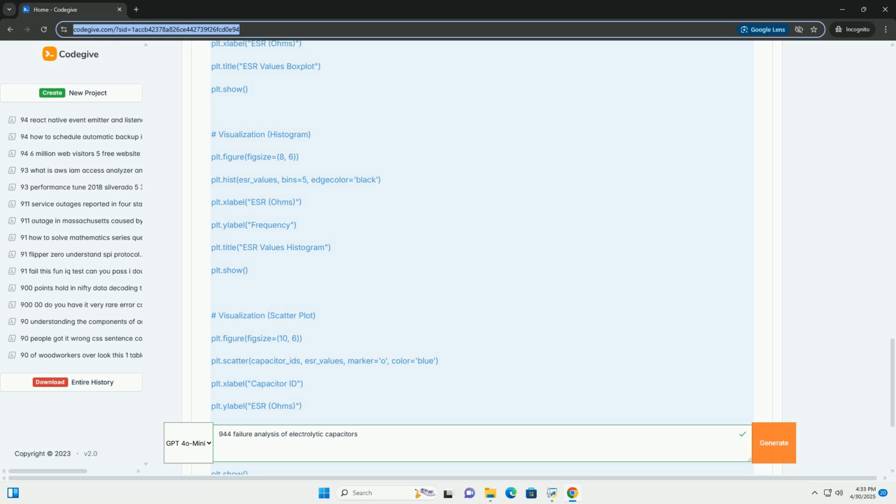2. Increased ESR. Description. The ESR of the capacitor increases significantly. Cause. Drying out of the electrolyte, corrosion of internal connections, degradation of the aluminum oxide dielectric layer. Symptoms.